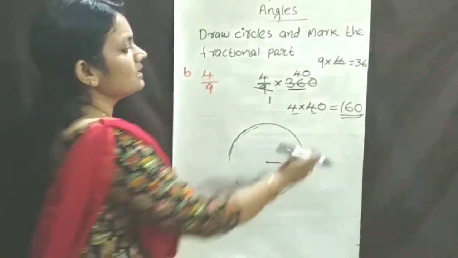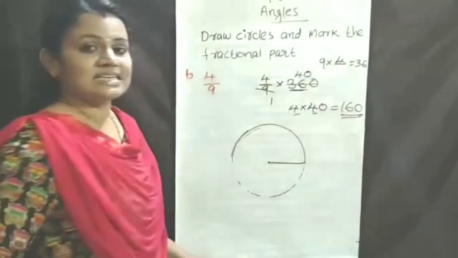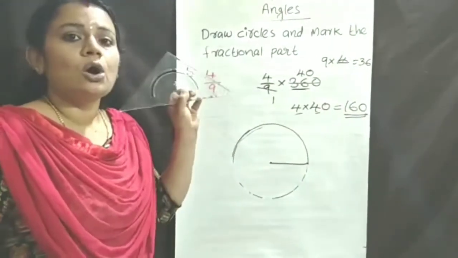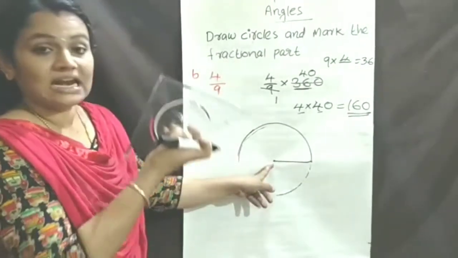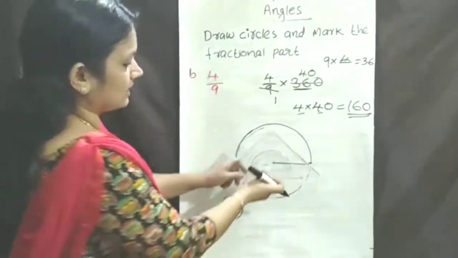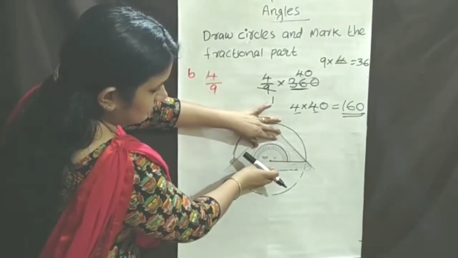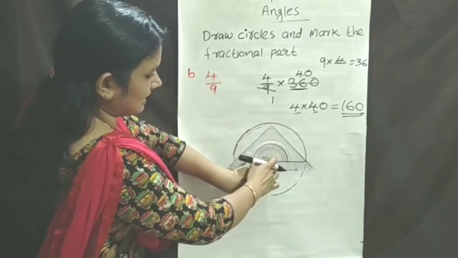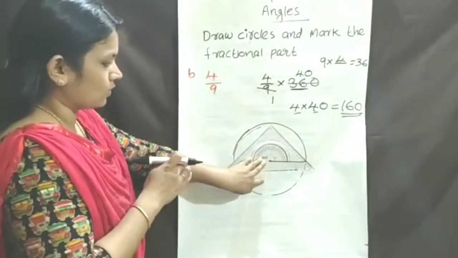Then we need to mark 160 degree. Again, take your protractor and make the center of the circle and the center of the protractor coincide. Then the zero line and this line coincide.